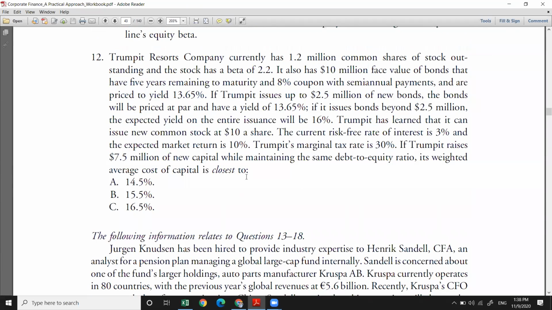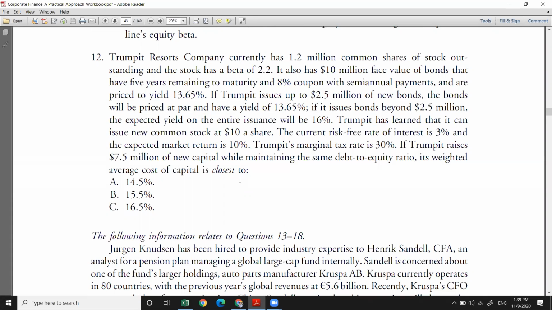Okay, question 12. The Trumpet Resort Company currently has 1.12 million common shares of stock outstanding, and the stock has a beta of 2.2.